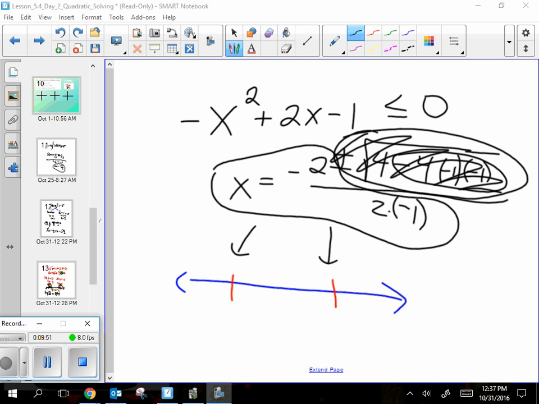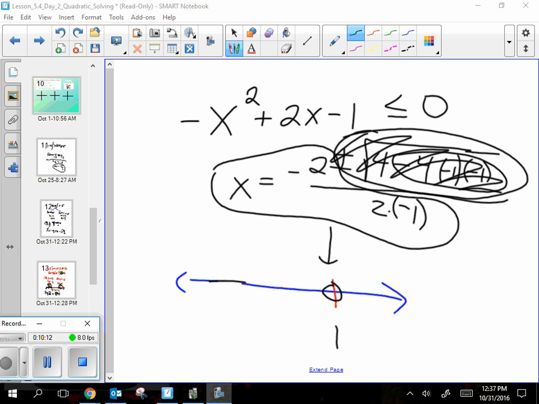Yes. And what is x? X is negative 2 over negative 2, which makes positive 1. So there's only one line at 1. So x equals 1? Yes.